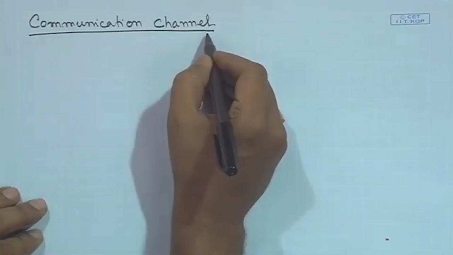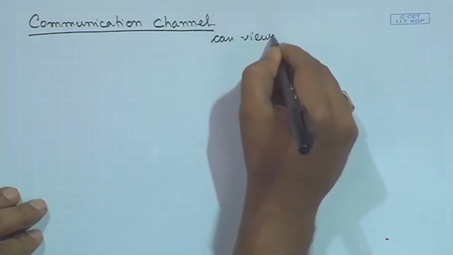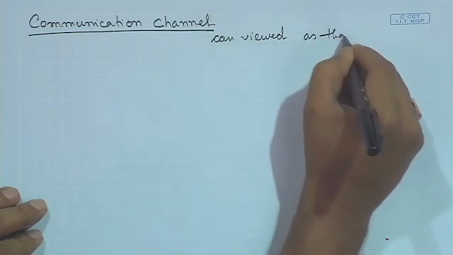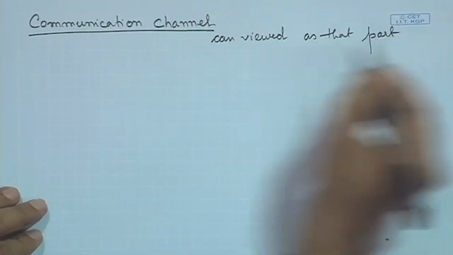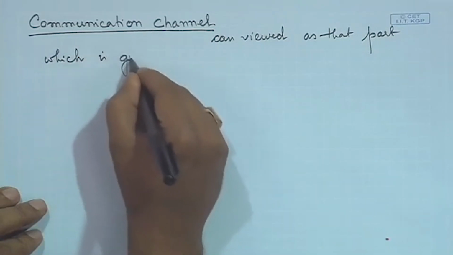And what we said again is that there could be binary input, binary output channels, there could be samples or quantized symbols input and symbols output as channel, and there could be analog samples into the channel and analog samples out, and finally there could be analog signal input and analog signal output. These are the different ways you can view the channel. So, the communication channel, which forms part of a communication system, can be viewed as that part which is given.